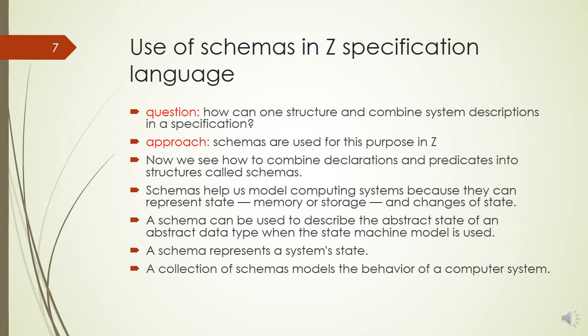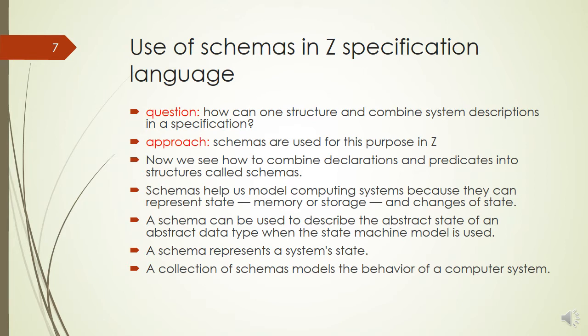And a schema has two parts. Its first part is a declaration part, and its other part is a predicate part. Therefore, we can combine declarations and predicates into a single schema.